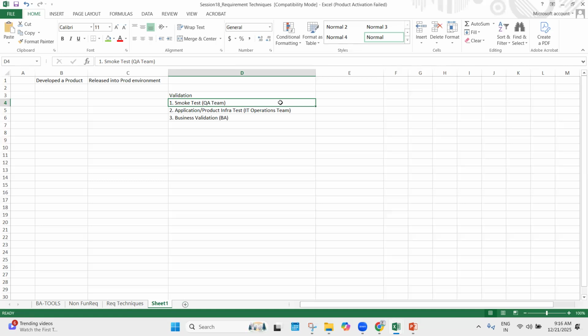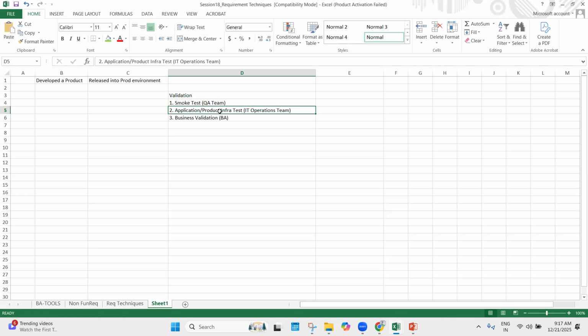And then also testing in different browsers, once the code has been moved into the production environment, they test this particular URL in different browsers like Chrome, IE, Firefox, etc., whatever their organization is following. So this is at the high level.